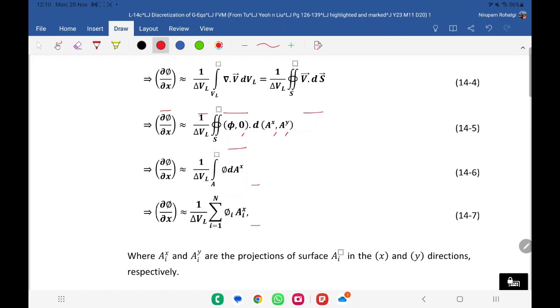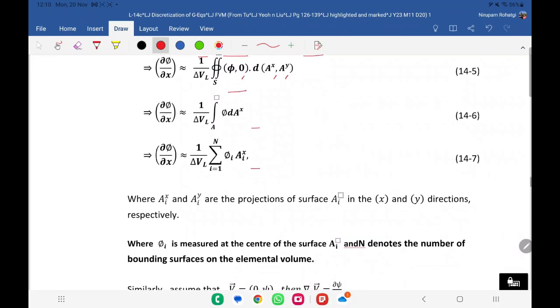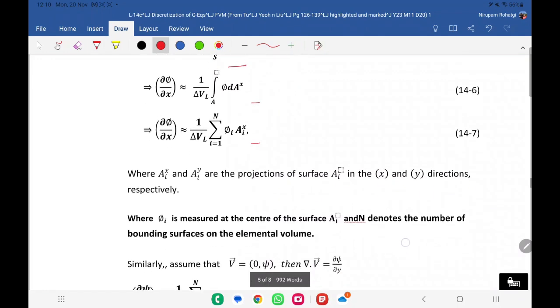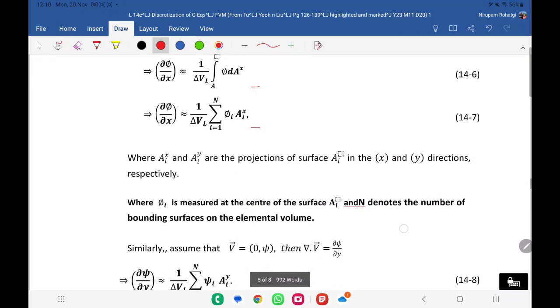Now AY and AX are the projections of this surface in the y direction. Phi I is measured at the center of surfaces AI, and N denotes the number of surfaces. So this is a general relation.